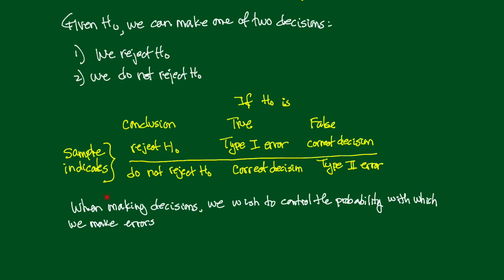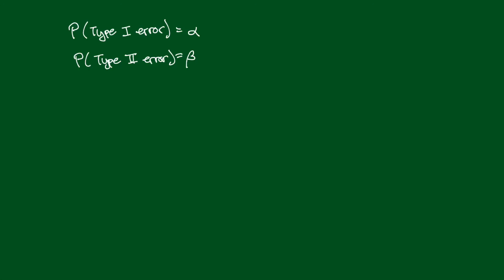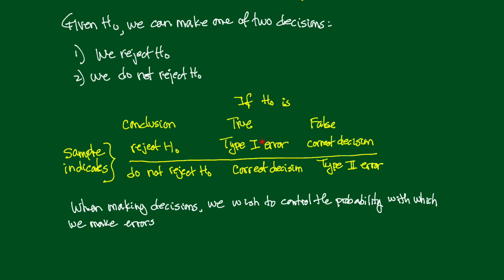So of course, when making decisions, we wish to control the probability with which we make errors. So what we're going to do is this. We're going to say that the probability of making a type 1 error, now just to remind us, what's a type 1 error? A type 1 error is rejecting a true claim, right? So if H naught is really true, we don't want to reject it.